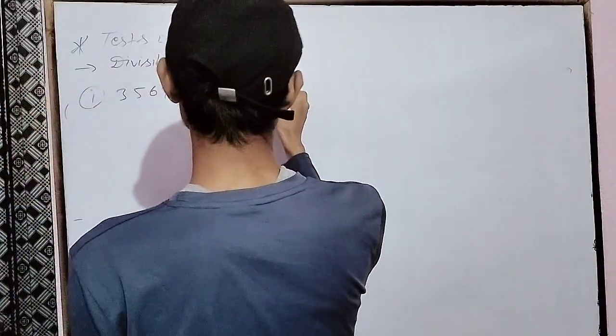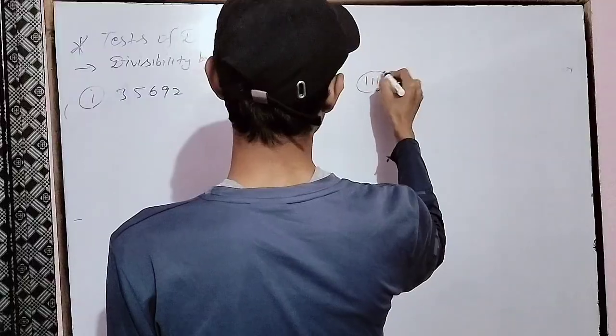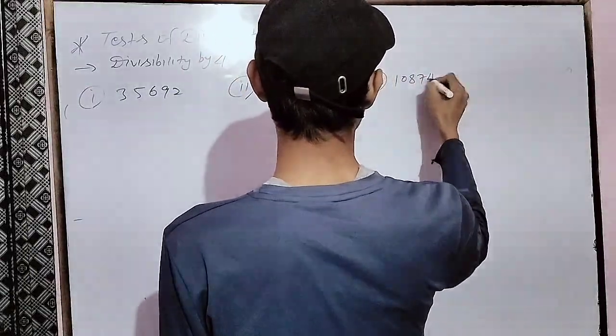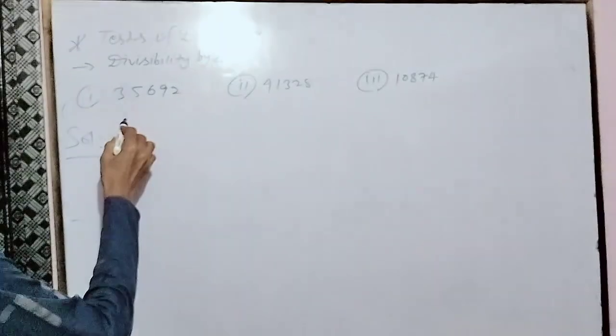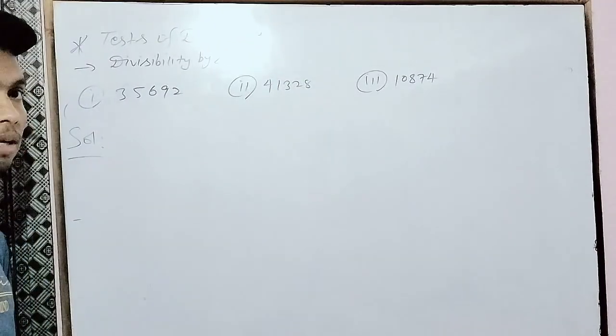First question: these are the numbers. We have to check whether each number is divisible by 4.